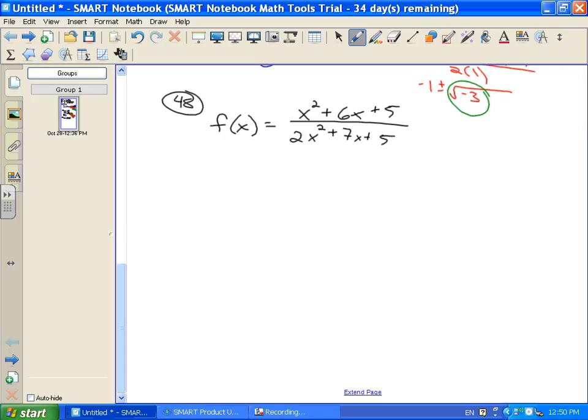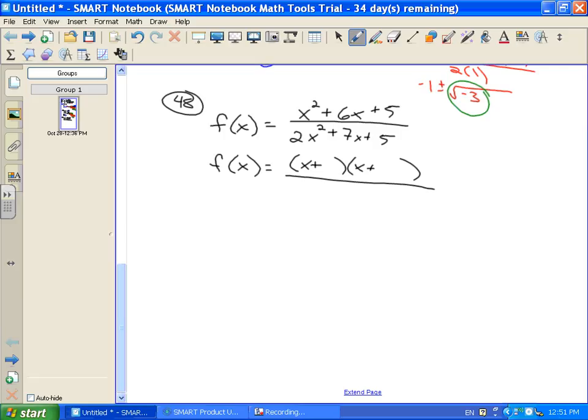All right, we want to try to factor both the top and the bottom first, just in case. So the top x signs are plus plus. Multiply together to get 5, add together to get 6. What do you multiply together to get 5?